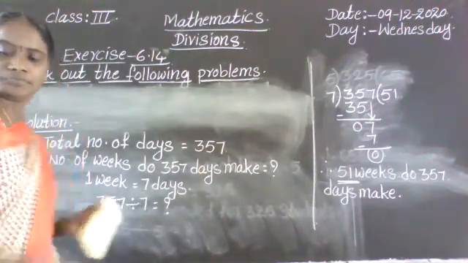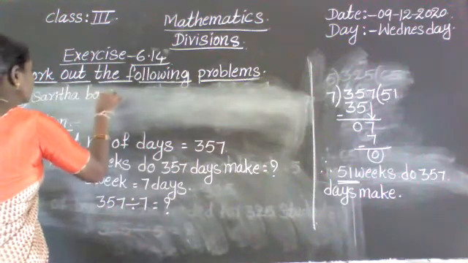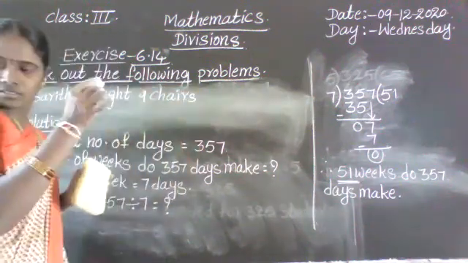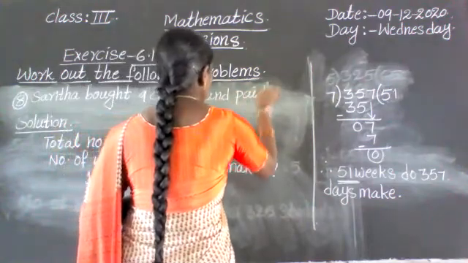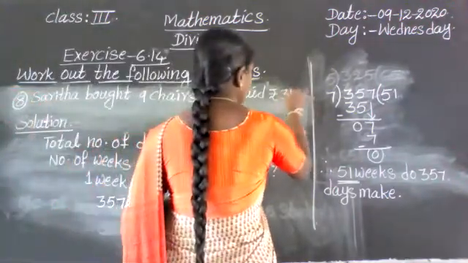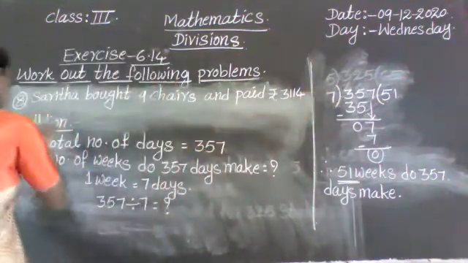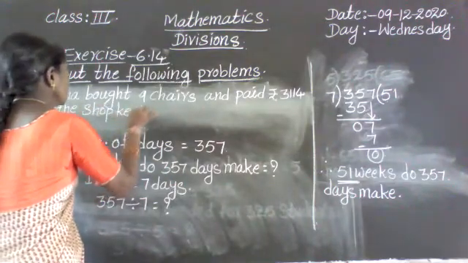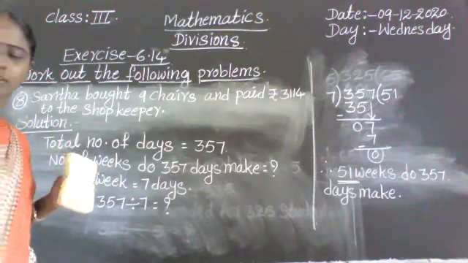Sarita bought 9 chairs and paid rupees 3,114 to the shopkeeper. How much does each chair cost?